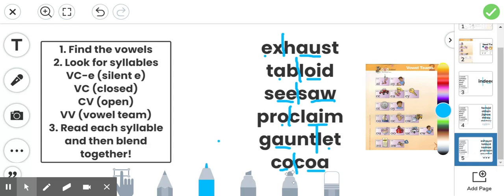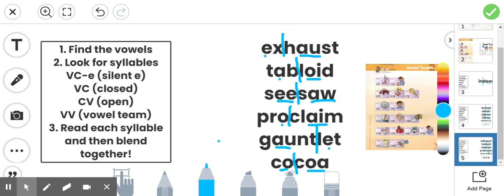First we have exhaust, exhaust. Tabloid, tabloid. Seesaw, seesaw. Just like the site you're using right now.